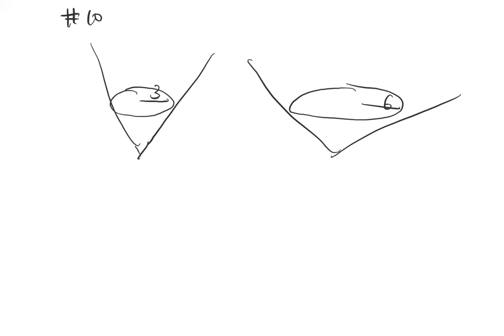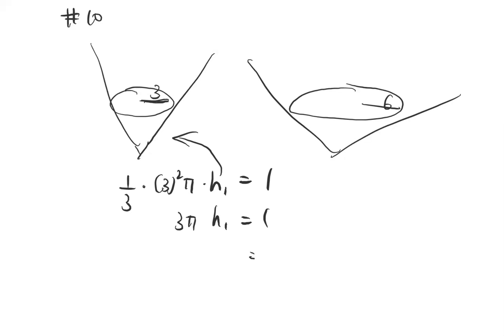Immediately this problem becomes much easier, because if you have a base 3 cone, then we have 1/3 times 3 squared pi times the height equals 1. Here h1 refers to the height of this cone, and immediately we know that h1 equals 1 divided by 3 pi.